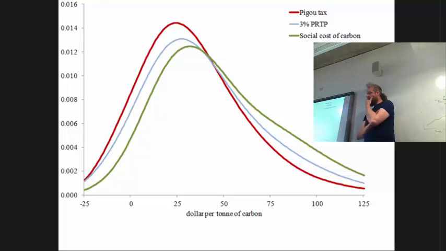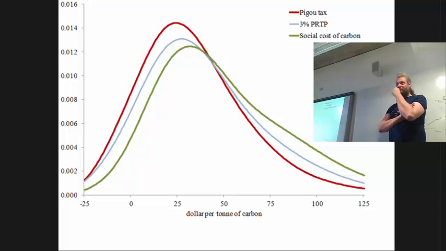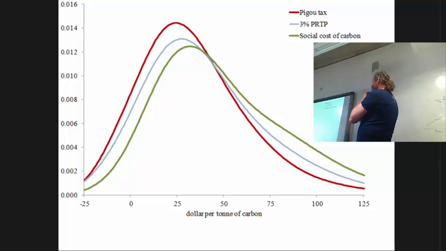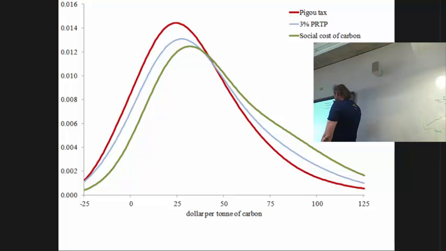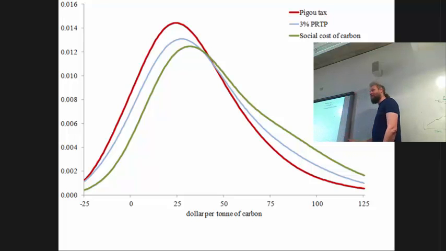This is the probability density function. There are 2 things here. This is all for a 3% pure rate of time preference and 5% discount rate. There are 2 messages here, and then I'll shut up. One, in blue we're looking at all estimates.